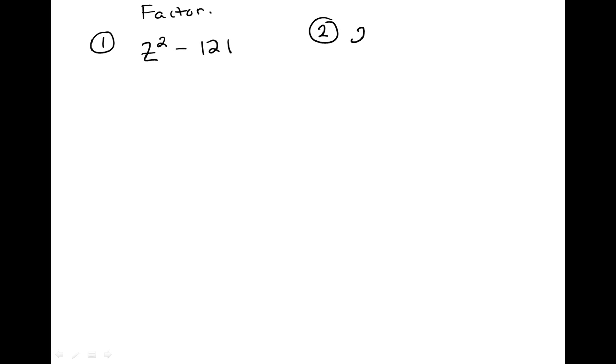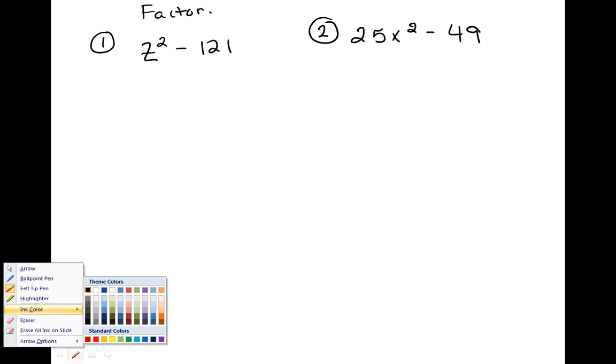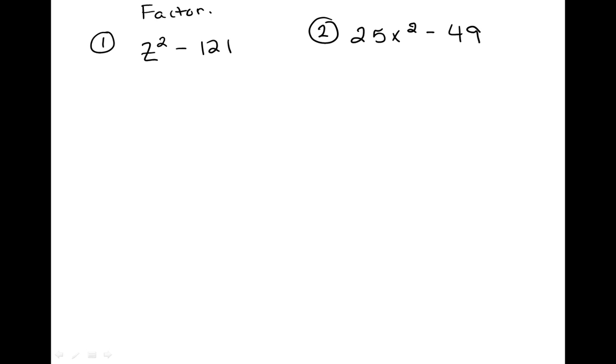Here's another one, 25x squared minus 49. You recognize that both of these are examples of differences of squares. So you'll draw your two sets of parentheses.